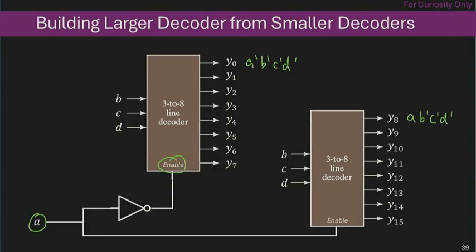And that is exactly minterm number 8. 2 smaller decoders with the additional enable signal connected to complemented and non-complemented variable allows you to construct 4 variable minterms. And if you want to implement this 4 variable function, put on an OR gate, connect them to several of the minterms, you get the expression.